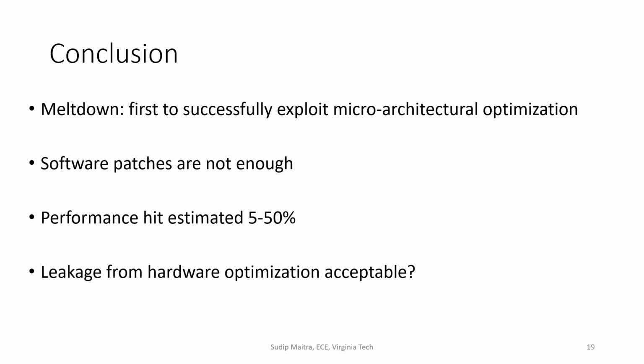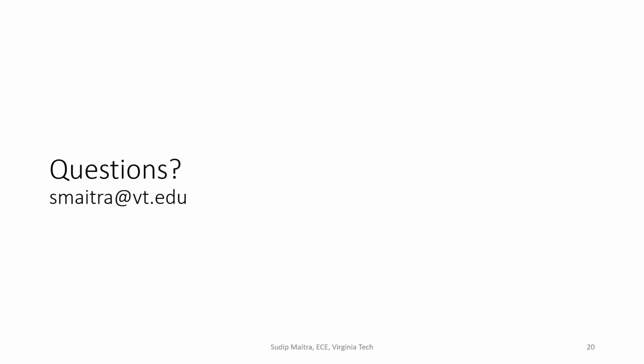Meltdown enables attackers to read every single bit at a very respectable speed, and no cryptographic solution or software patch can protect against such an attack. Ultimately, CPU hardware needs to be redesigned, which makes Meltdown one of the most challenging vulnerabilities to overcome in modern computing. That's all for my presentation on Meltdown.